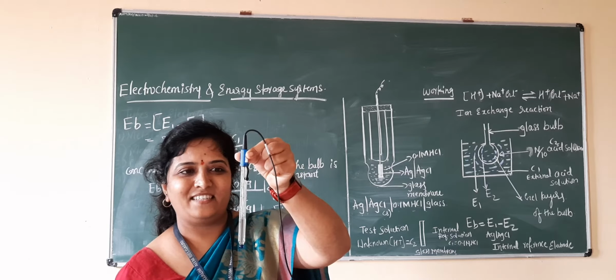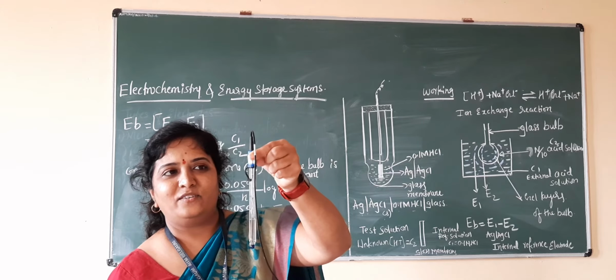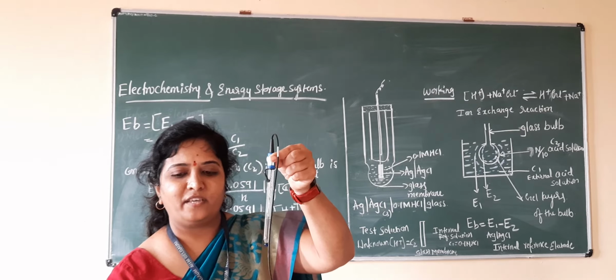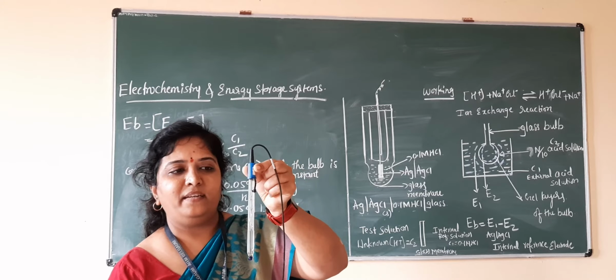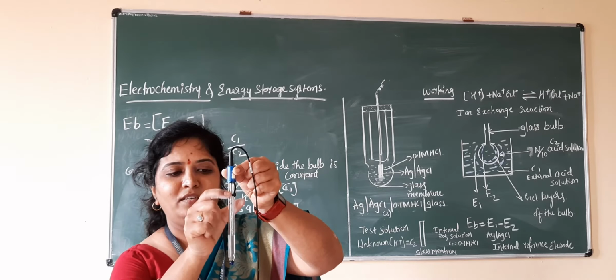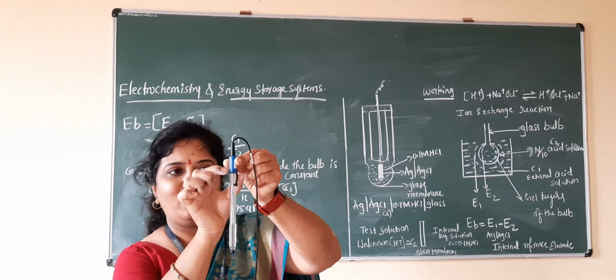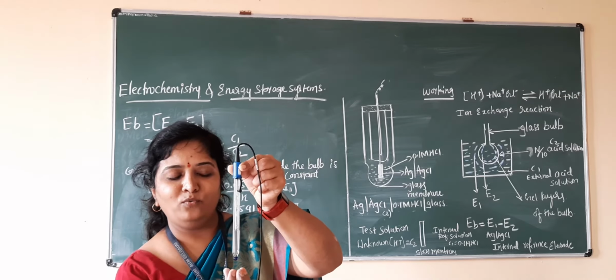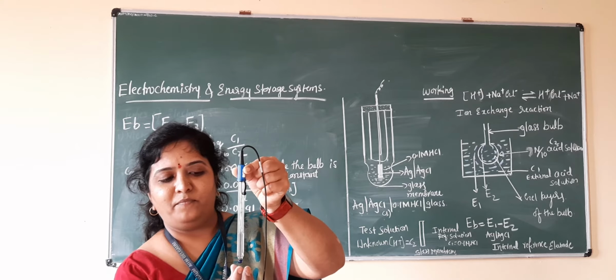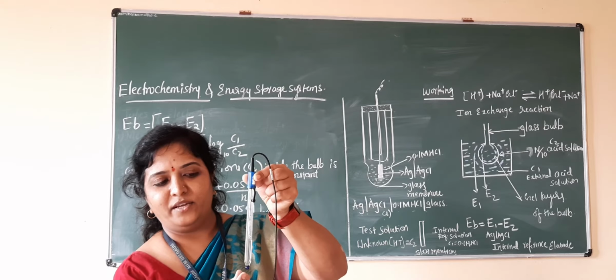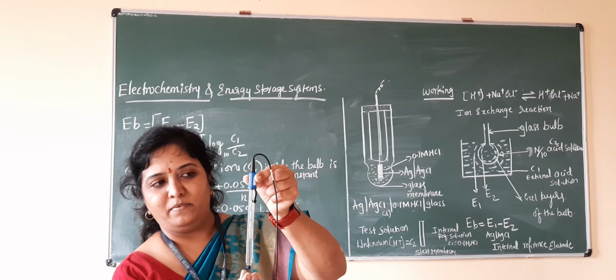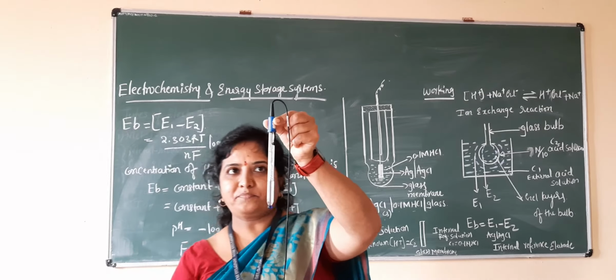This is the actual glass electrode, and you can see this is the plug where we can make the connection, and mainly it's a long glass tube, and down there is a small bulb.